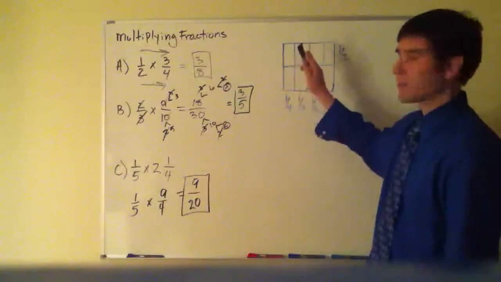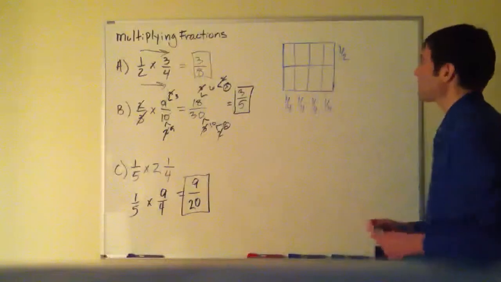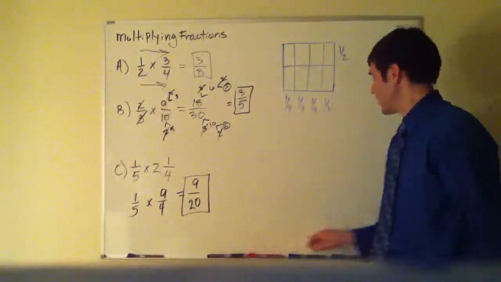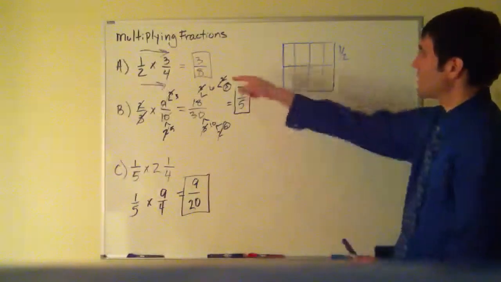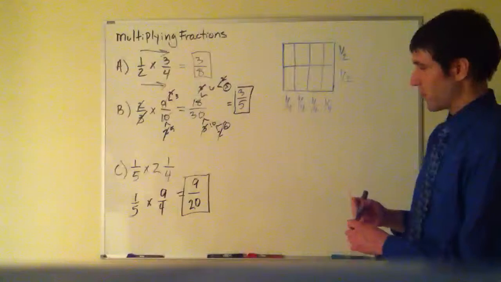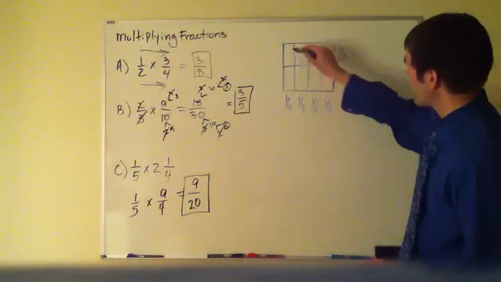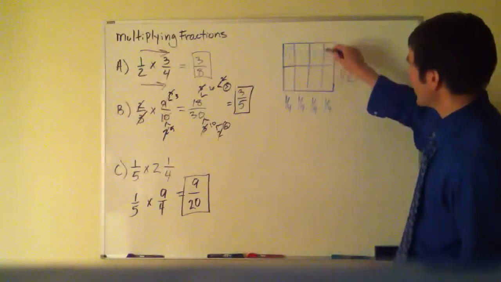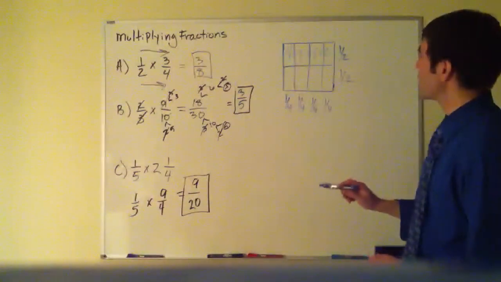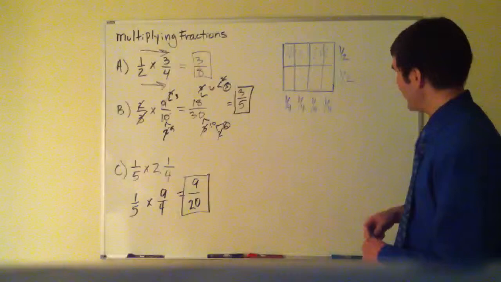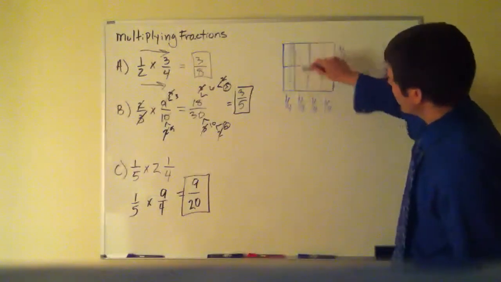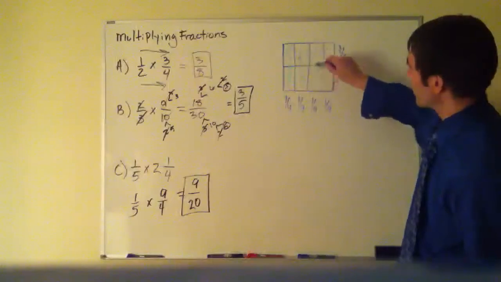why this works. So I have a square here. I'm going to show you how we can use this to represent this first problem here. 1/2 times 3/4. 1/2 is this top portion here, and 3/4 would be, well, this is 1/4, 2/4, and 3/4.